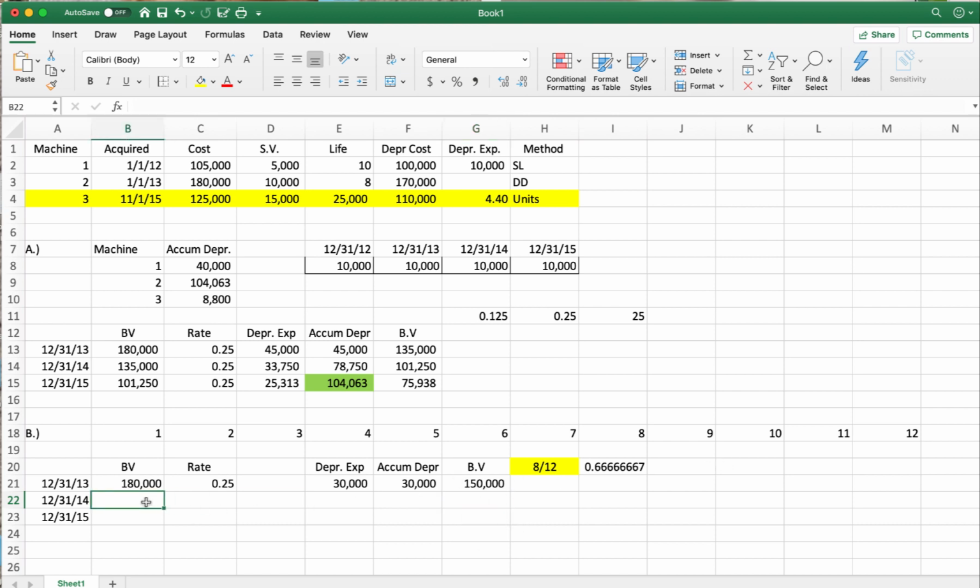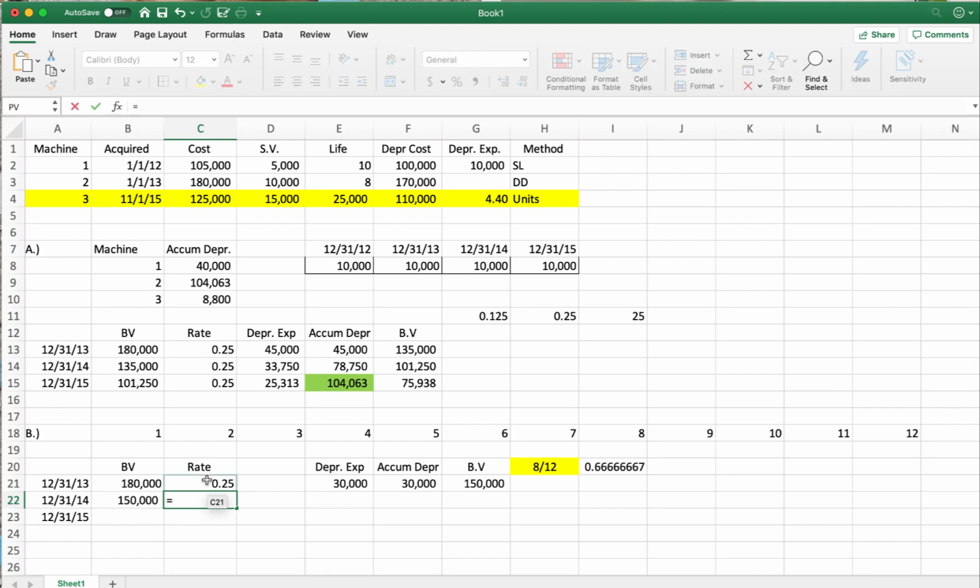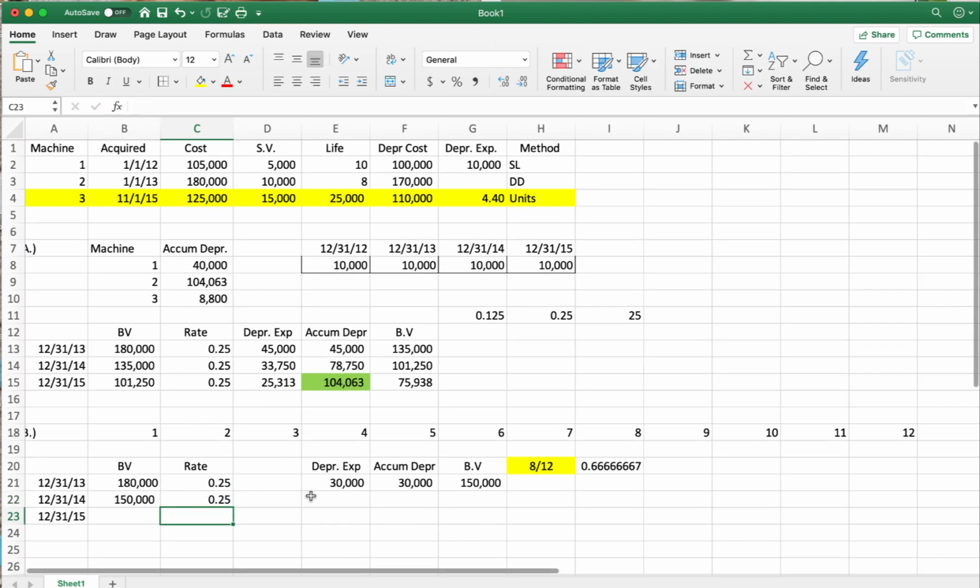So now I need to recalculate 2014 depreciation. Why? Well, because it's based on book value. My book value is different now because I'm only taking basically 66% of year one's depreciation. So my new beginning year book value as of year 2014 is $150,000. What's my rate? Well, my rate's still 25%. That didn't change.